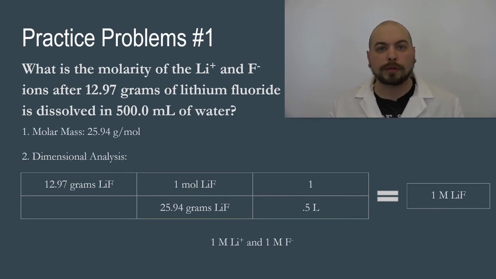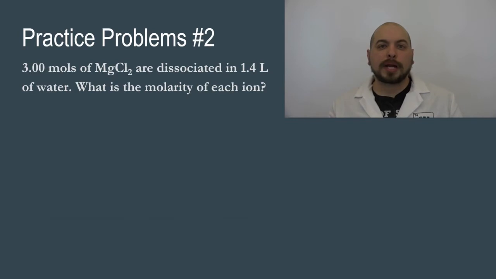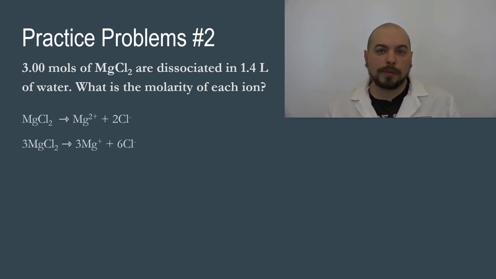So in this practice problem, we have 3 moles of magnesium chloride being dissolved in 1.4 liters of water. This means that we dissociate 3 moles of magnesium chloride into 3 moles of magnesium ions and 6 moles of chloride ions. Each of them is going to be in 1.4 liters of water.